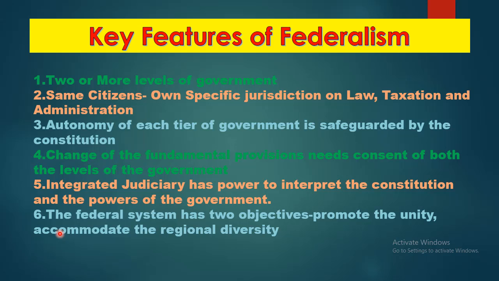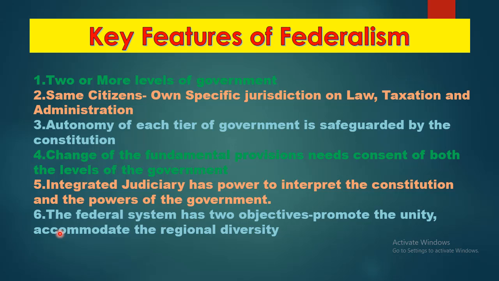All these differences will be taken care of by a country where federalism is practiced. By the federal country, all these regional diversities will be accommodated and taken into consideration, all of them together. There should not be any discrimination, there should not be any segregation.